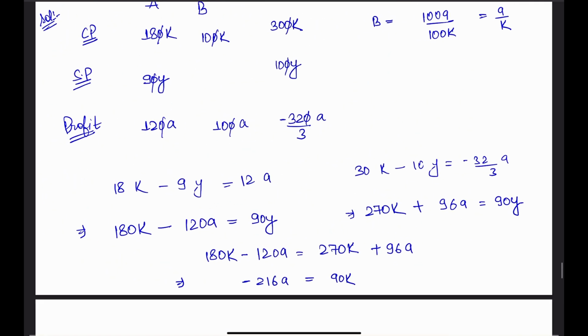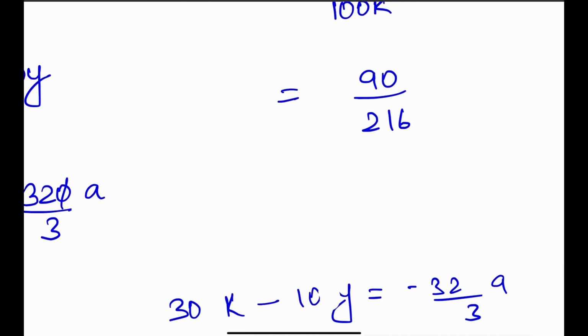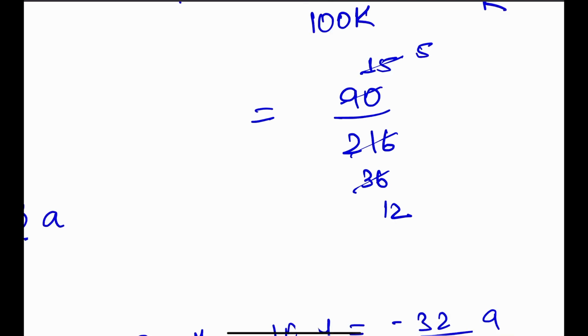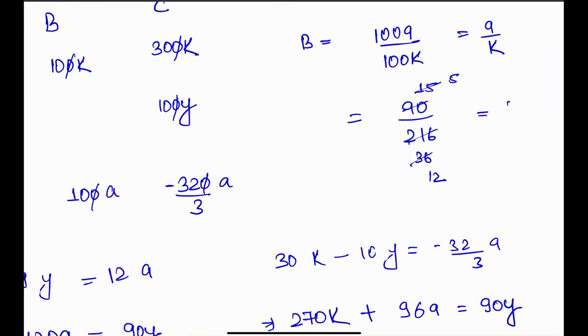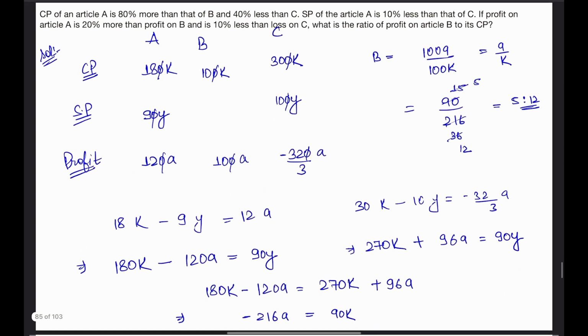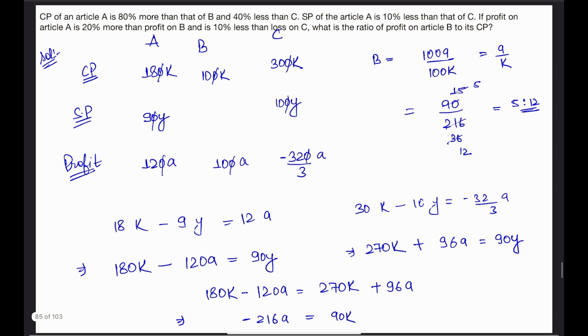So my A upon K will be 90 upon 216. 15 6 are 90, 36, 3 5 are 312. So the ratio is 5:12. But again this is minus, so I'm not quite sure. I might have made some mistake also, which I need to check.